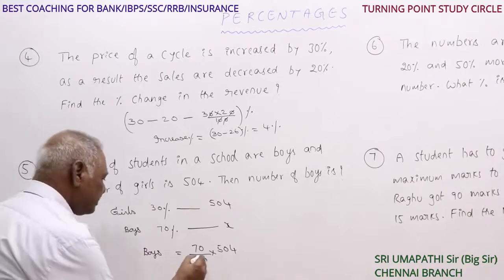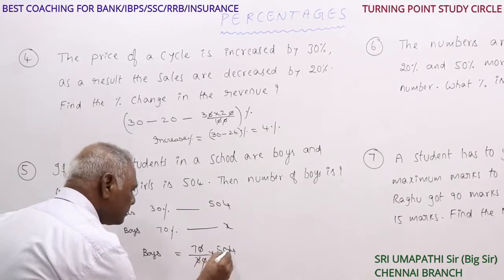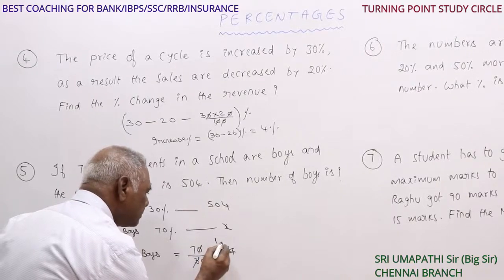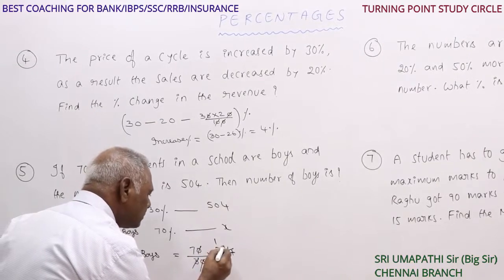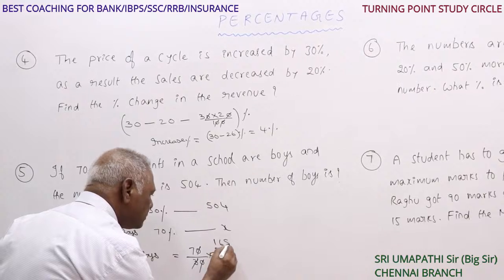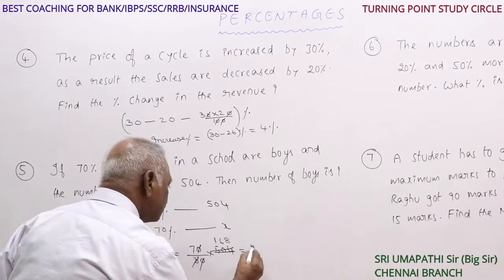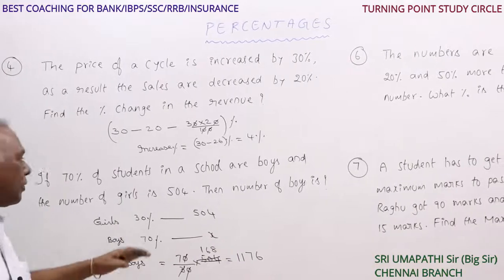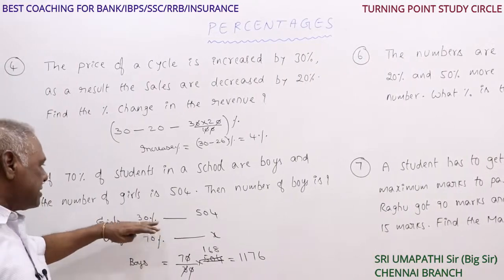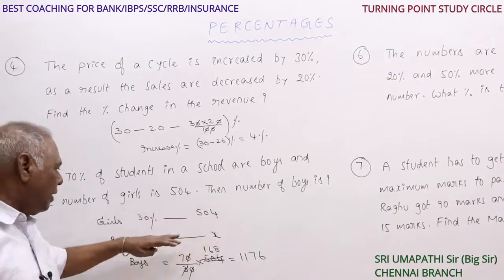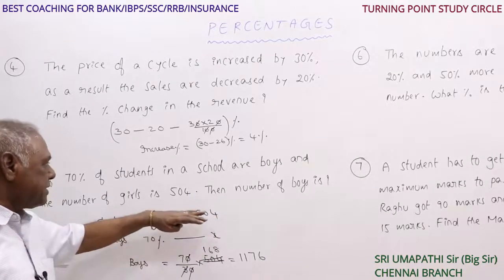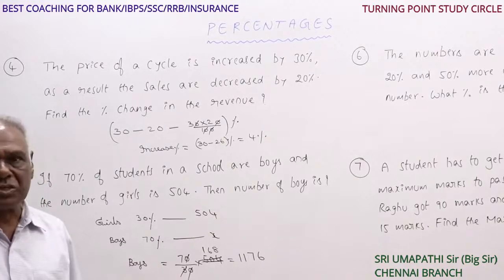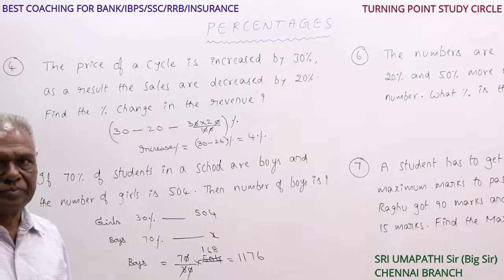So simplify. We need not find x first. Simply, 30% is equal to 504. What is 70%? So 1% is equal to 504 by 30, into 70. In that way also we can analyze very easily.